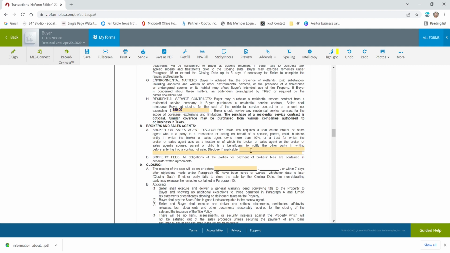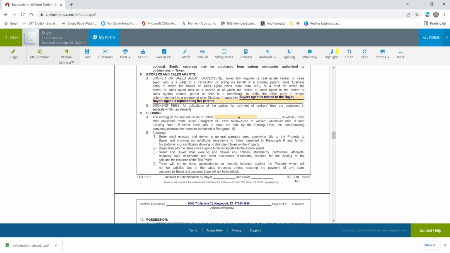So those would be put here, and you would basically say buyer's agent is related to the buyer. Let's say they're their parent. Buyer's agent is representing her parents. So that's basically what you would put on this end here, and then you move forward.